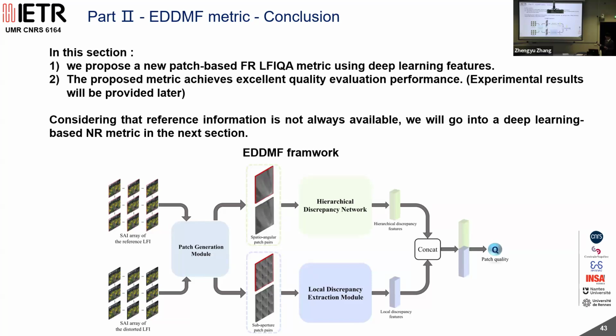And as will be seen in the next part, the proposed metric achieves excellent quality evaluation performance. And this also demonstrates the potential of deep learning technology in light field image quality assessment. However, considering that the reference information is not always available, we will go into a deep learning-based no-reference metric in the next session.